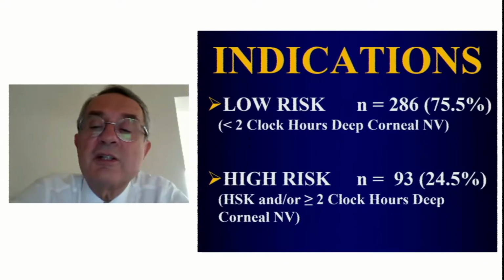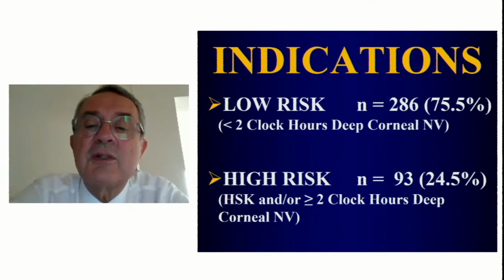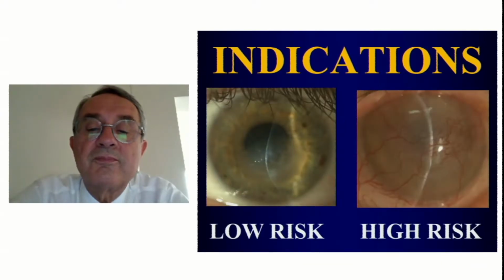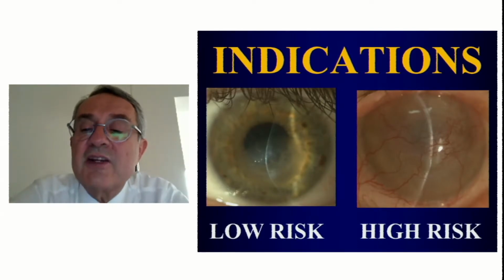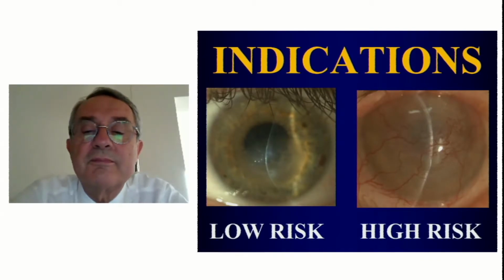So about 3/4 at low risk, 1/4 at high risk. Next. Typical example of low risk, a patient with keratoconus and previous eye drops, and high risk, a patient with rosacea with completely vascularized cornea. Next one.